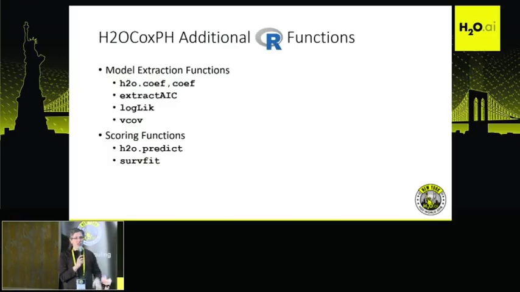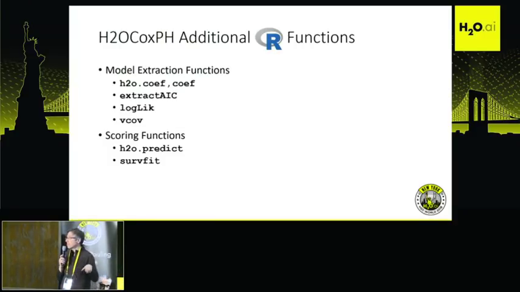There are a couple of functions that you can use to extract components of the model. You have the coefficients, just like you would have in a generalized linear model. There's also some model summary statistics you can grab. And in this case, we have two types of scoring functions. One is the linear combination of terms, which is similar to what you'd get out of a GLM. And you can get at that information using h2o.predict.